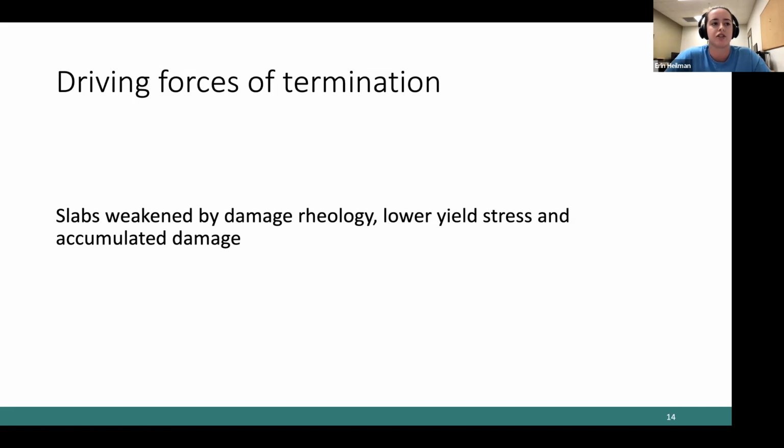This essentially needs to be a precursor to these slab terminations. We see weakened slabs in instances where there isn't termination, but we don't see any non-weakened slabs have this sort of termination. So this is necessary, but does not only happen with termination.